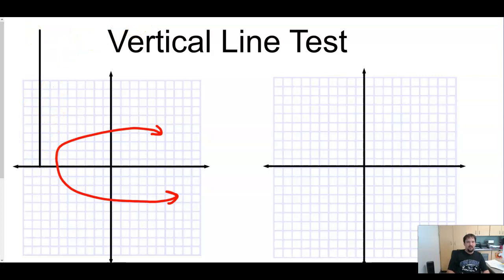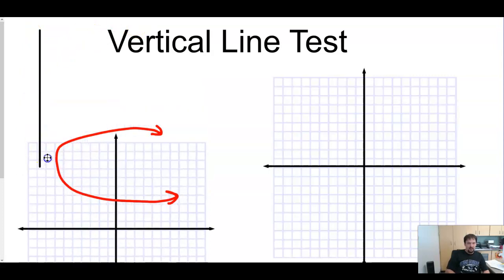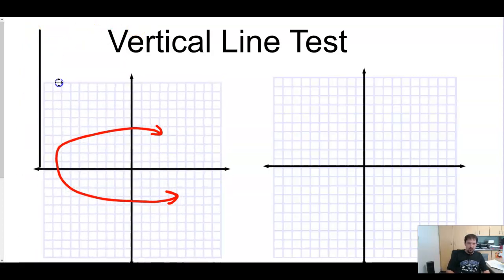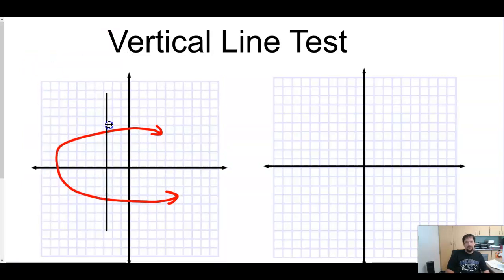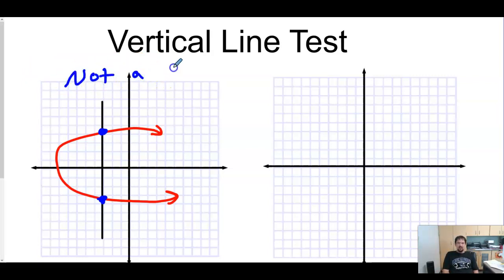If I take my line, and do you notice if I put my line right there, how I'm covering two different points? See how I'm covering this point right here and this point right here? I'm covering 2 points, which means my x's repeat. And if my x's repeat, not a function. Does not work.